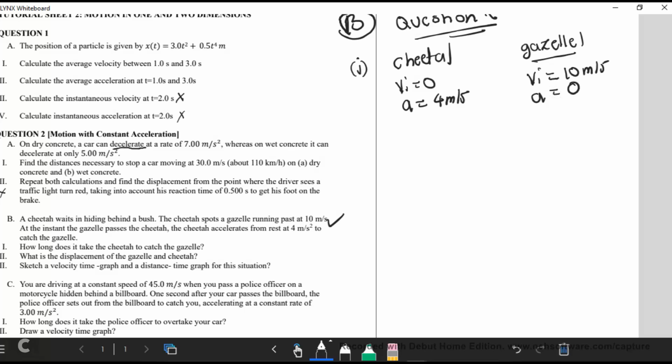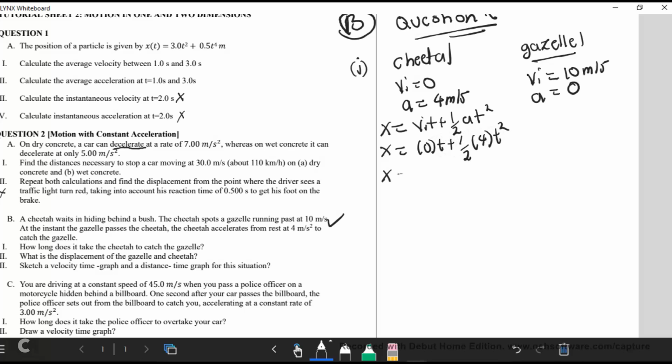So let's try to solve this one. Here we say x is equal to v_i t plus 1 over 2 a t squared. Then x is equal to, the initial velocity is 0, times t, plus 1 over 2, the acceleration is 4, t squared.